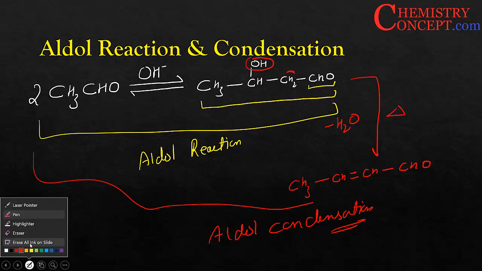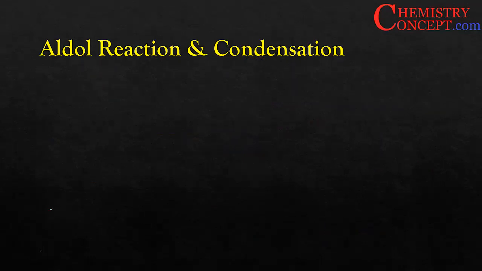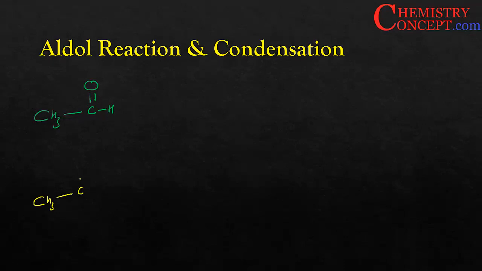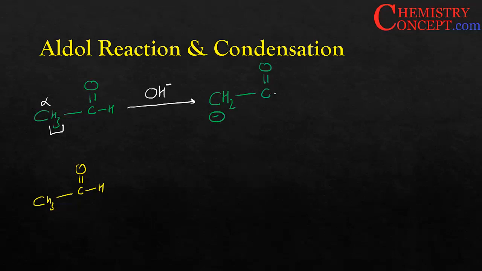Let me first tell you what happened here. For aldol condensation to take place, we need two molecules, obviously, two aldehyde molecules. The first one reacts with base. Base removes one of the alpha hydrogens from one of the molecules. The result is CH2(-)CHO.